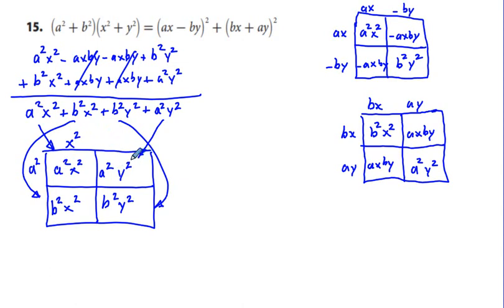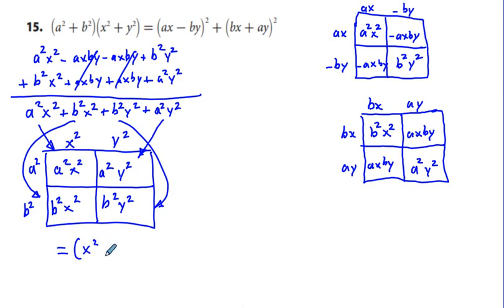Well, a squared y squared is going to be the product of a squared and y squared. And then here on the left, the bottom row, what is going to be b squared x squared? It's going to be the product of b squared and x squared.